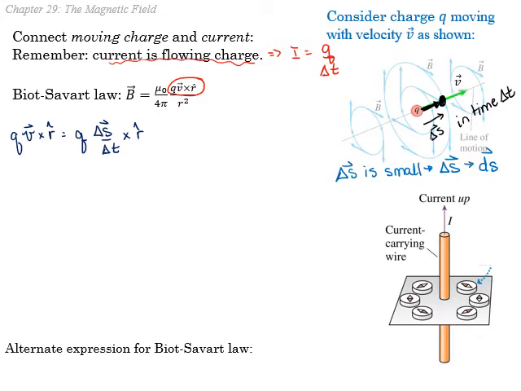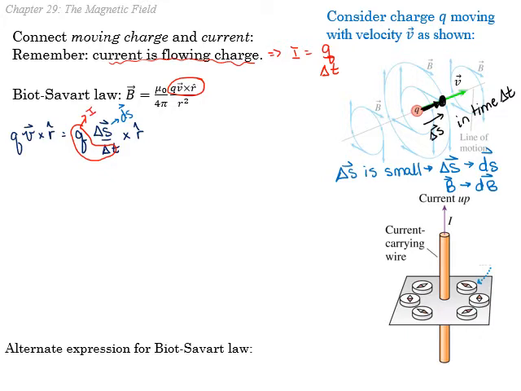If we're only using a little small part of the path, we don't get the total magnetic field created. We get a little bit of magnetic field created. So when our charge moves over a small bit of path, it makes a small bit of magnetic field, dB. So that's how we're going to deal with delta S. So that goes to ds. And then in our equation, we might notice that we have Q over delta T. That's current I. Okay, let's put those things together.